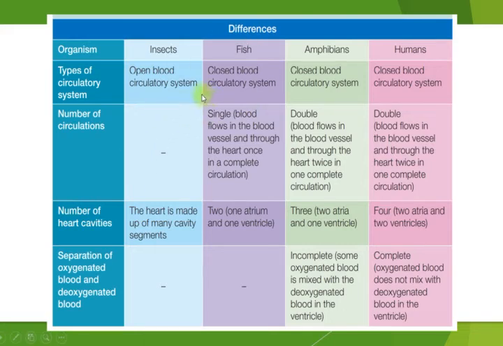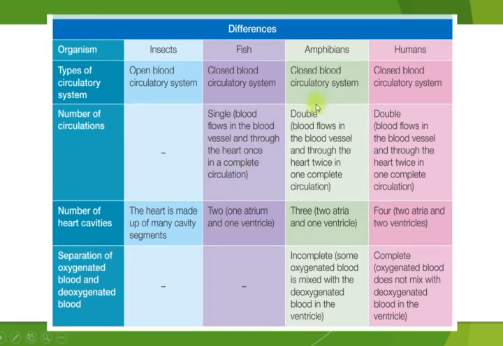In fish, the blood flow is a single circulatory system, because the blood flows in the blood vessels and passes through the heart just once in a complete circulation.